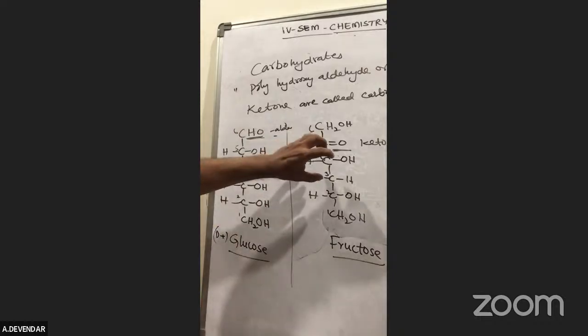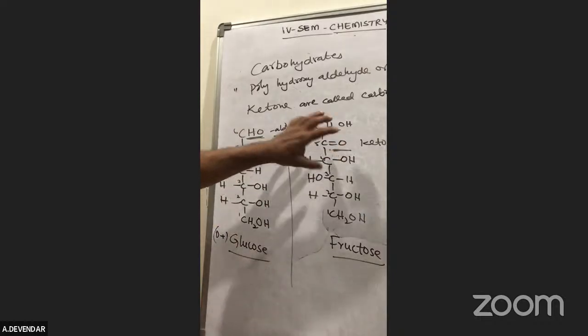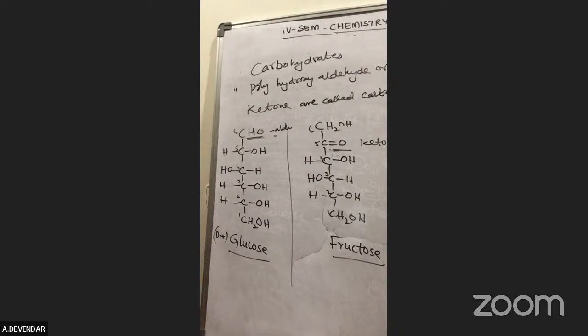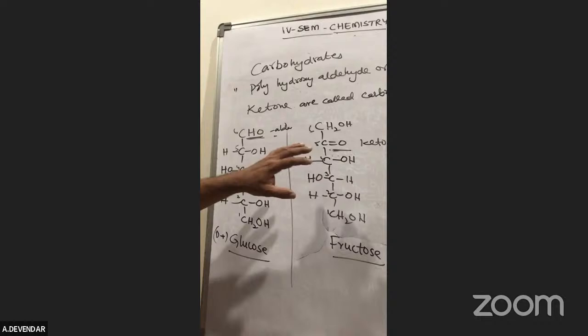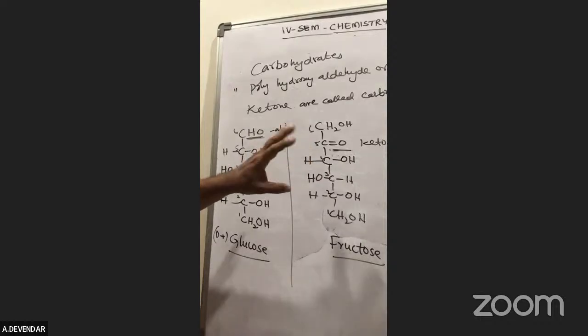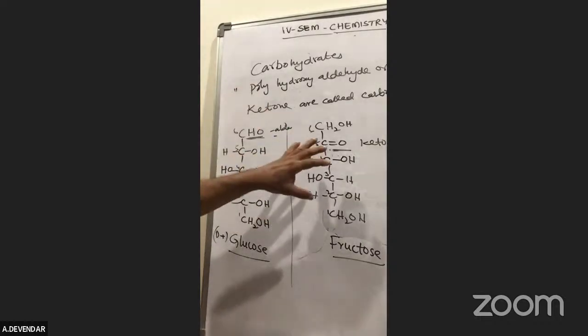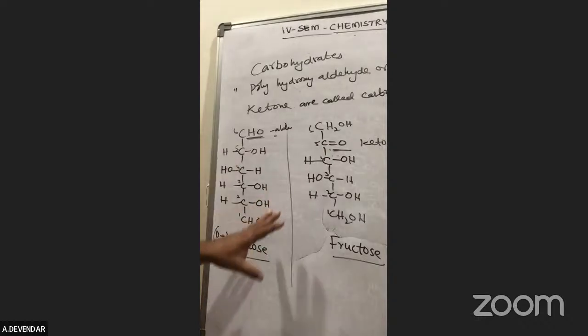That means it is 100 times sweeter than the remaining carbohydrates. So the examples are honey, which is the best example of fructose, and apple. Completely ripened fruit gives fructose only, not glucose.